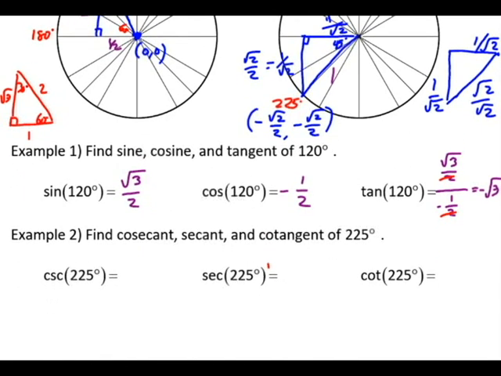Now, if we want to find the reciprocal functions, first we'll find the sine of 225. That's going to be the y-coordinate. So the cosecant is going to be the reciprocal.